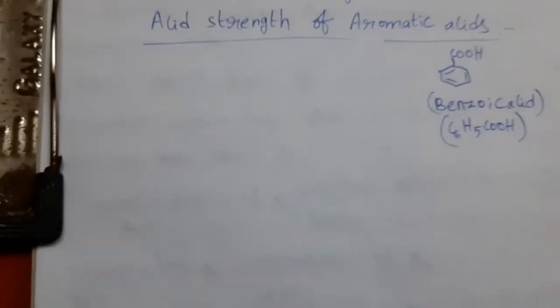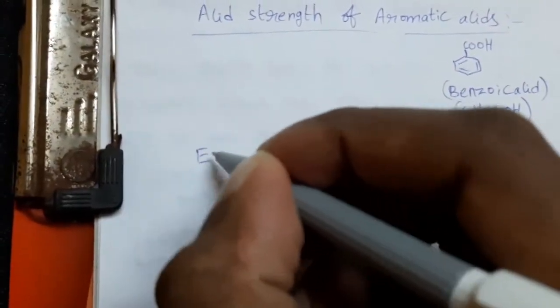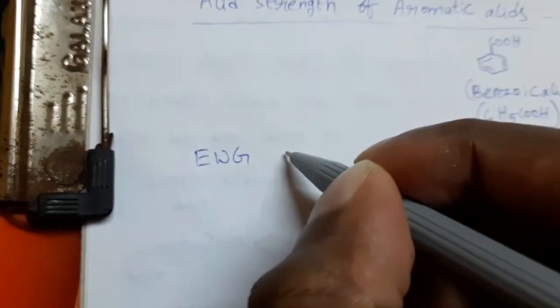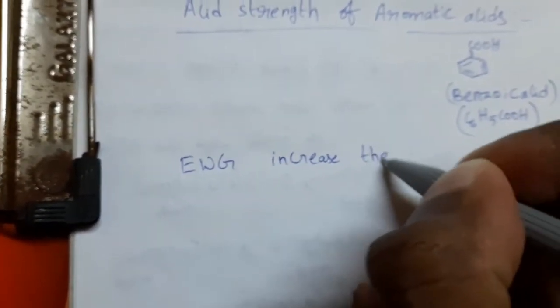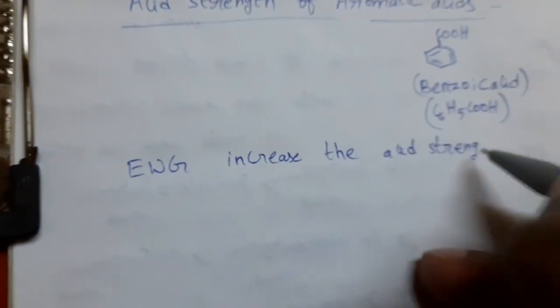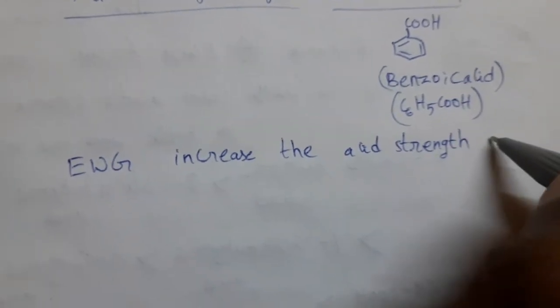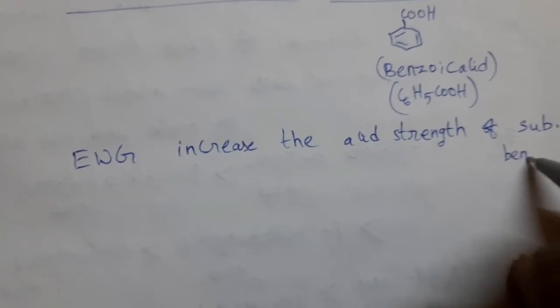Say this, just like aliphatic acids, electron withdrawing groups or electron withdrawing substituents increase the acid strength of substituted benzoic acid.